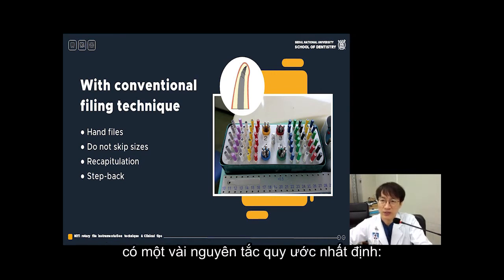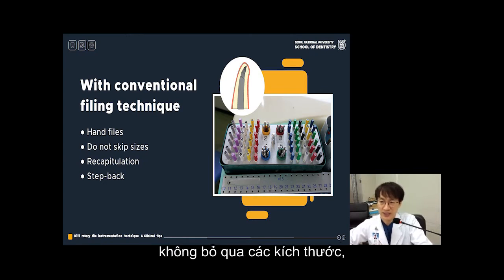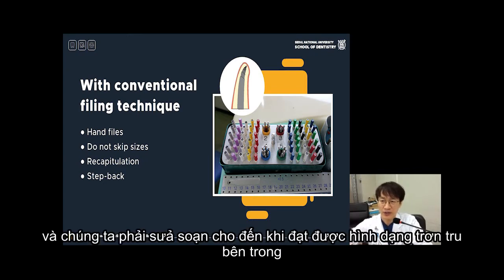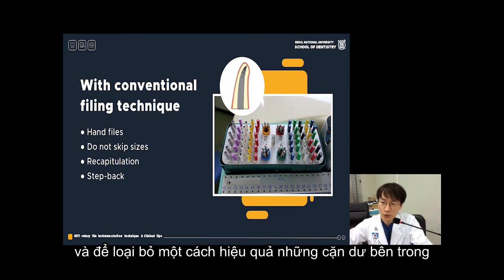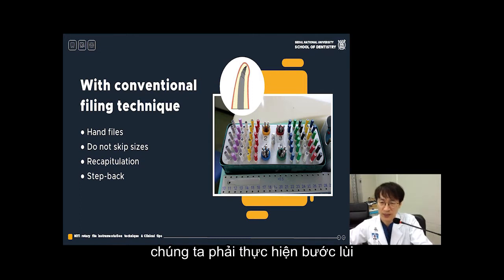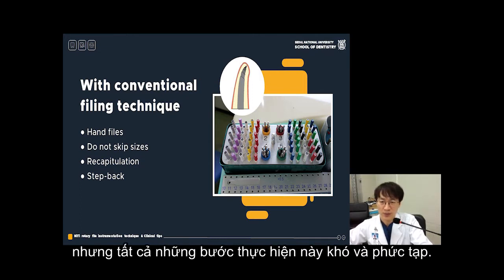And there are certain conventional rules: not to skip sizes, and we have to do recapitulation until we get a smooth inside shape, and to effectively get rid of the remnants inside, we have to do the step back. But all these kinds of steps are really a handful and bothersome.